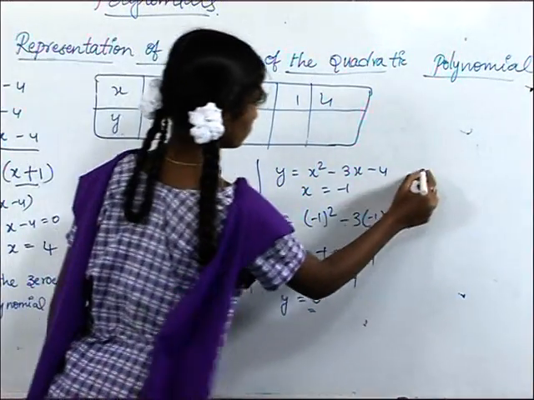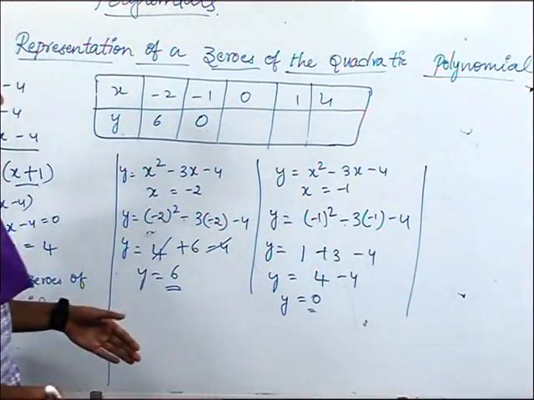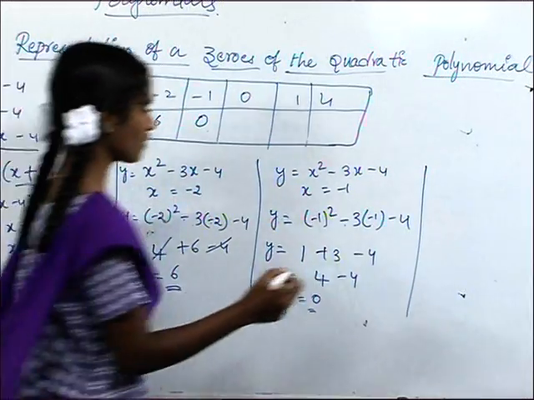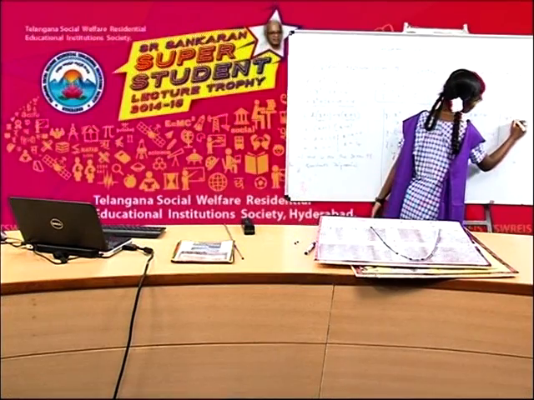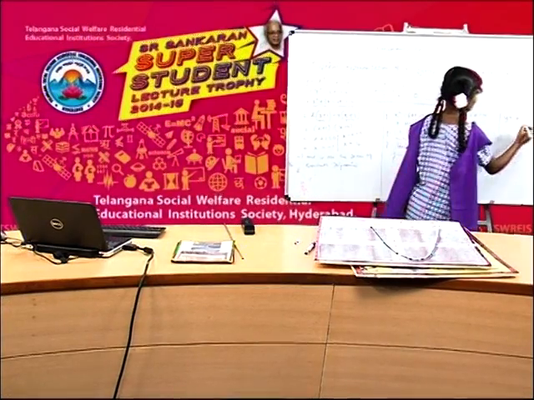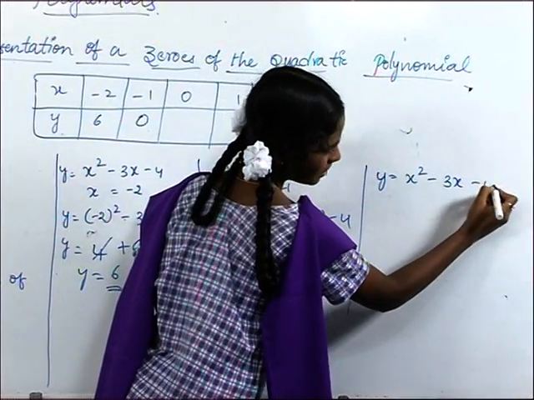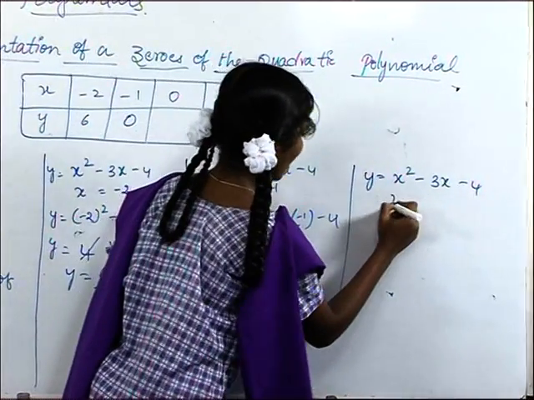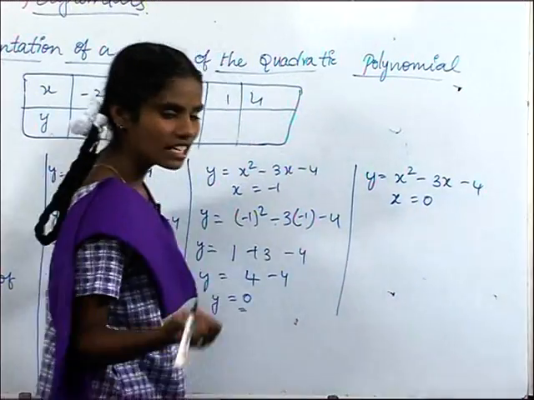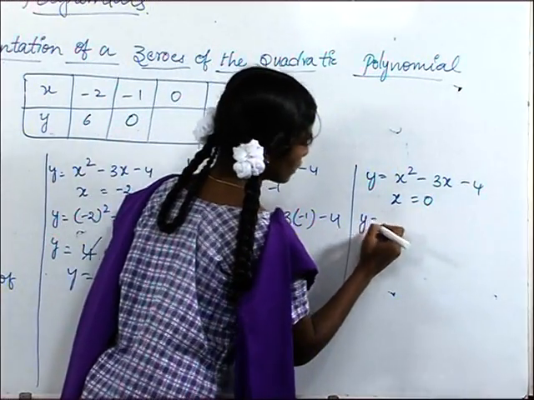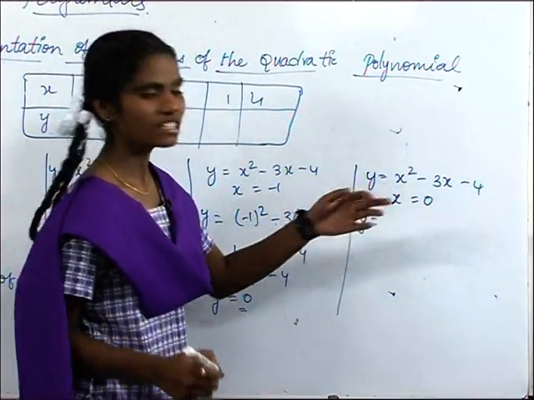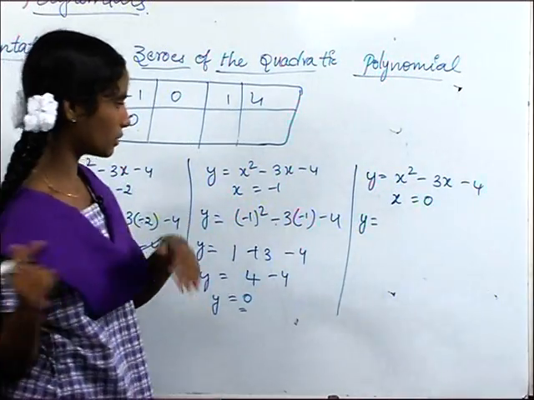Friends, now I am going to find this 0 in this equation. So y equals x square minus 3x minus 4. So x equals 0. y equals, in x place I am going to take a value 0.